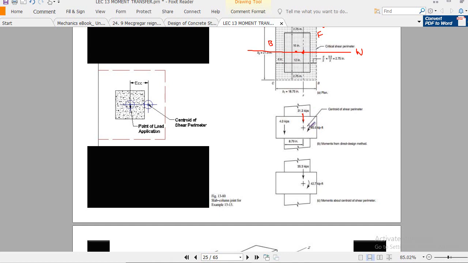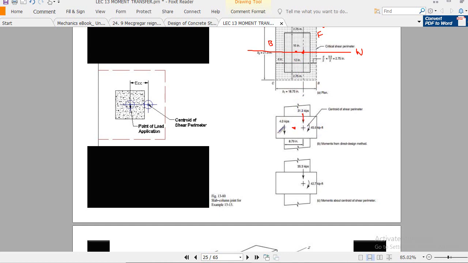It is not explained in the ACI code where this unbalanced moment acts, but it is assumed that it is acting over the centroid of the shear perimeter. Now you see this point is the centroid of the column.